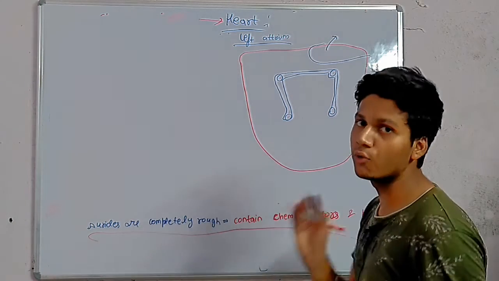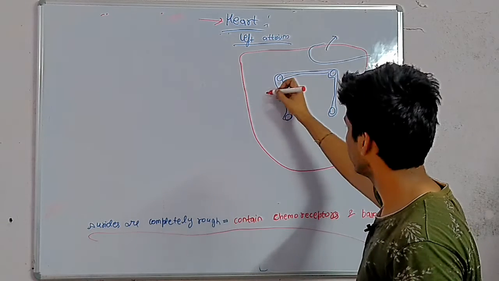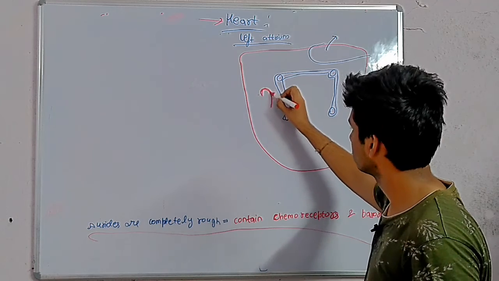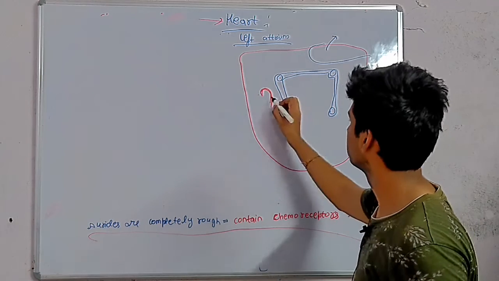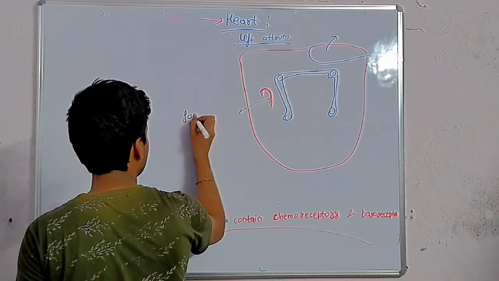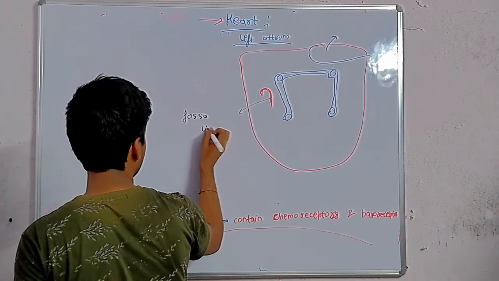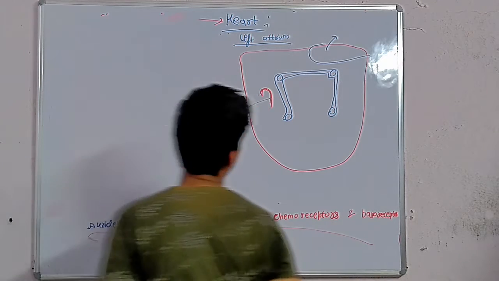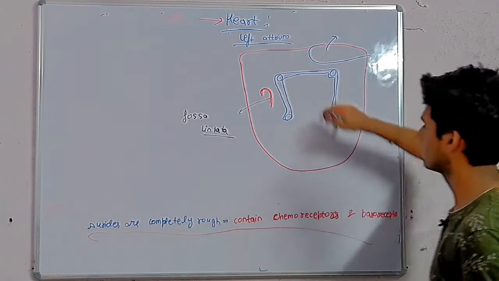So just the marking of the fossa ovalis is present here. Also present here is the fossa lineata in this chamber. And we know these are the pulmonary veins.